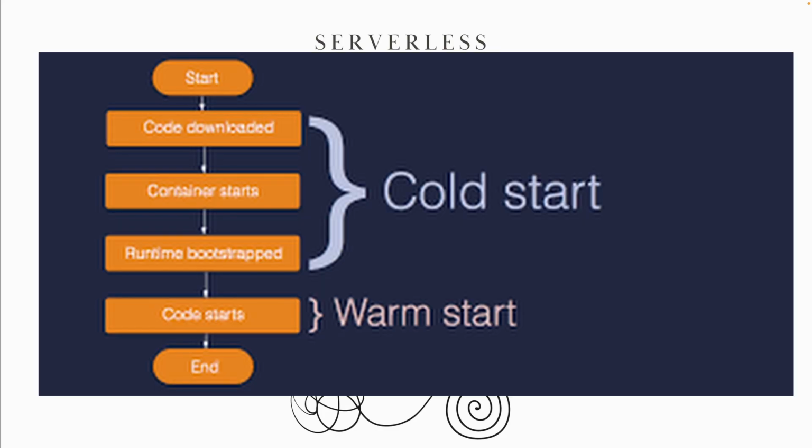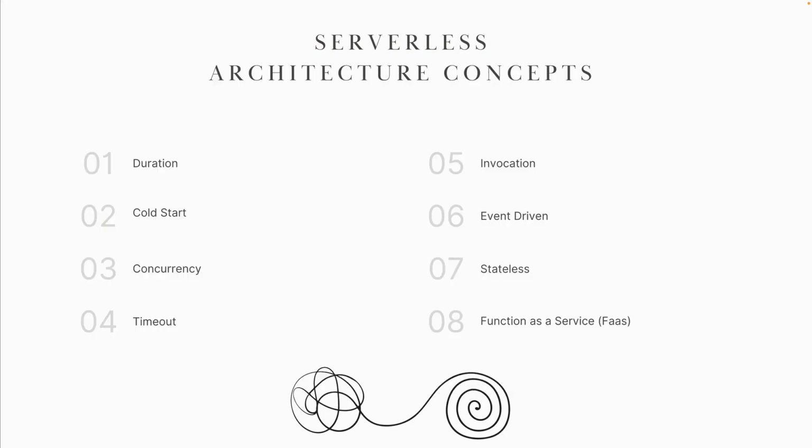Cold start, which is just the latency that occurs when a function is triggered for the first time or after a period of inactivity. So sometimes when we use these functions that are being stored in AWS, or a function that was created through Azure, that initial call may take a little longer because it takes a while to spin up, right?